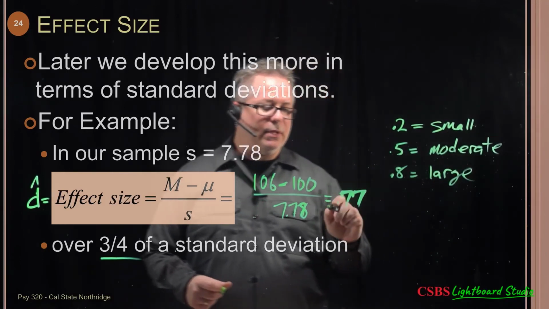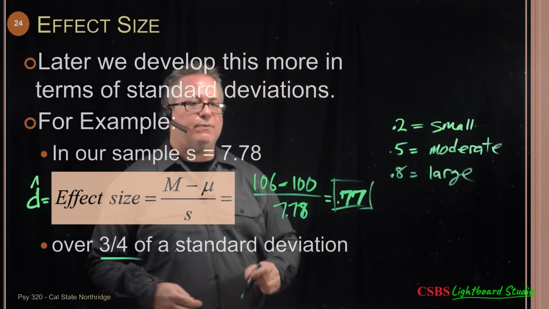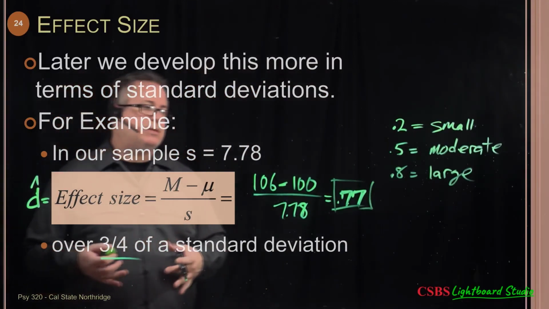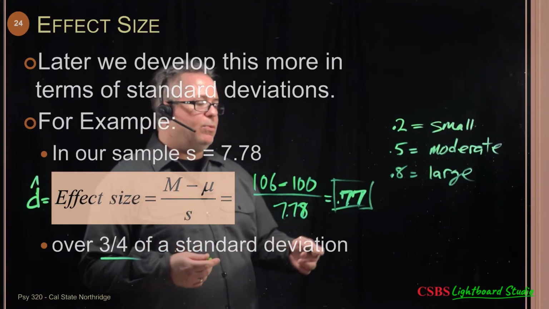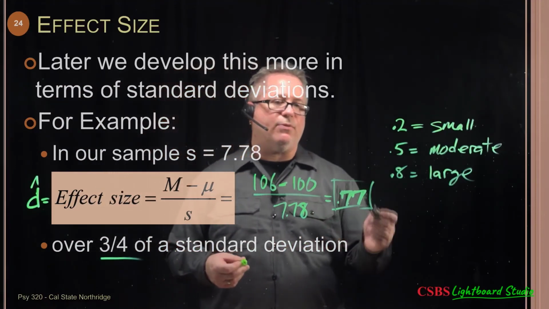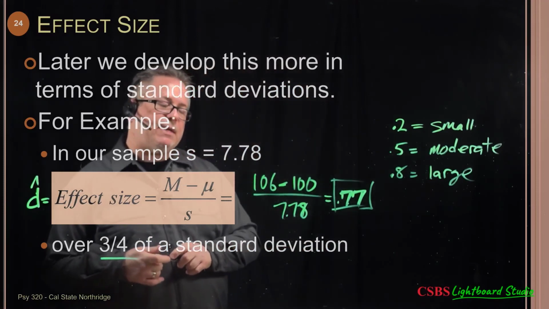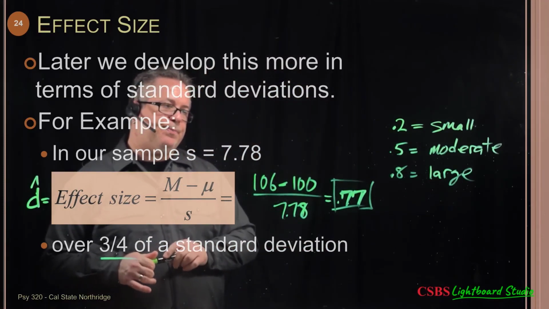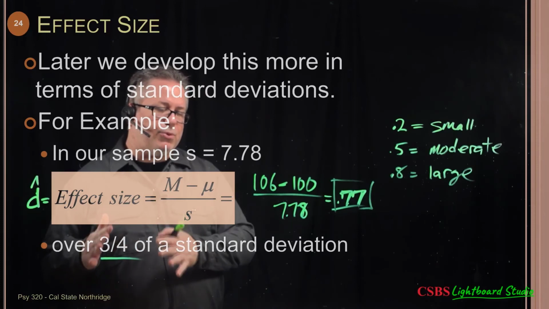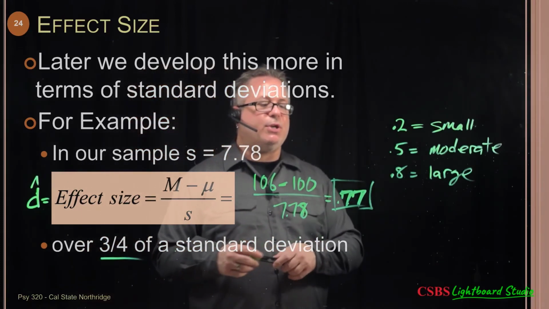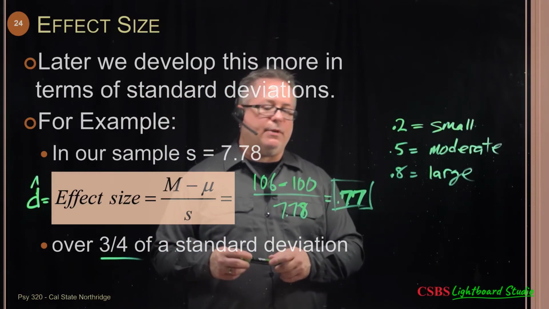So we're nearly at the large effect cutoff. In standardized units, being able to move 77% of the way towards the standard deviation is actually a fairly large effect size, because we're trying to move 25 people in a direction.